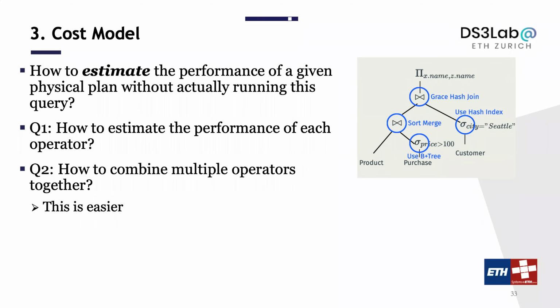You will find some way to put them together. So in today's lecture, we are going to focus more on the first question. That is, if you give me one operator, you tell me how to run it, you tell me the access method you are going to use, how can we estimate the performance of that operator?